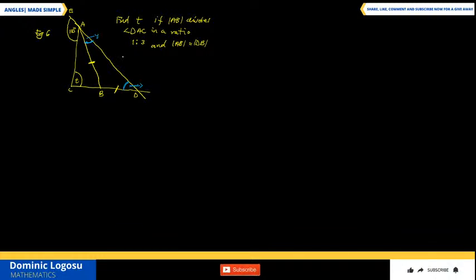Now they are saying that if line AB divides triangle DAC, so this big triangle, the full triangle, it divides it in the ratio of this.